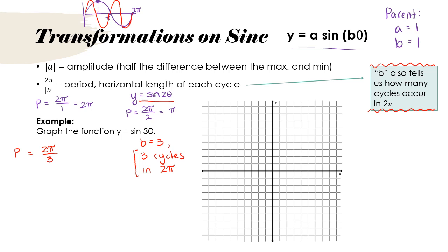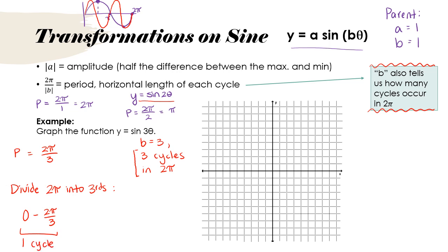So I might think about dividing 2 pi into thirds. I'm going to write that down. Divide 2 pi into thirds. So what I mean by that is, okay, from 0 to 2 pi over 3, one cycle is going to occur there.